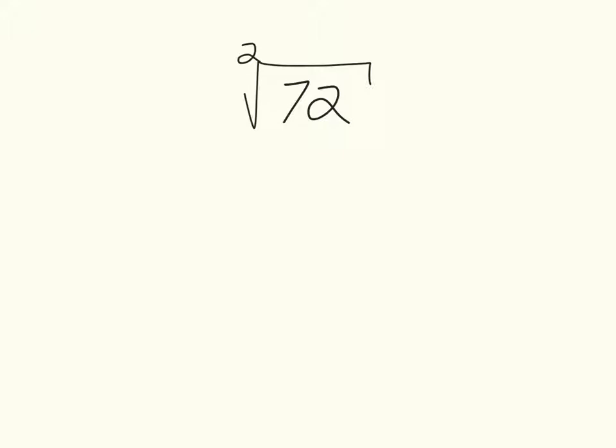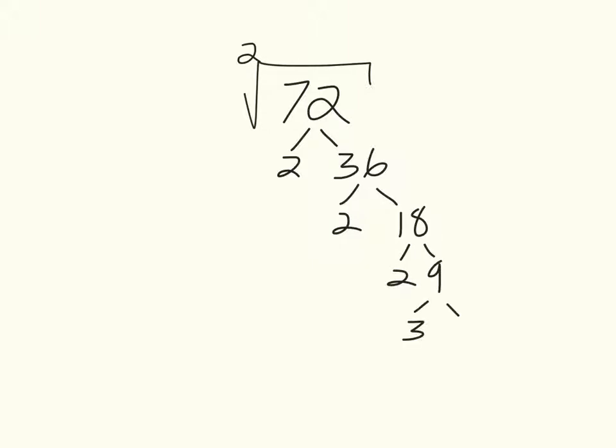Ooh, try this one, the second root of 72. Hit play when you're ready to check your answer. Well, let's see. Let's do our prime factors. 2 and 36, 2 and 18, 2 and 9, 3 and 3. I'm going to cross out everything that I used up.